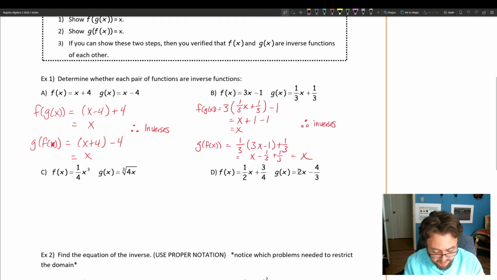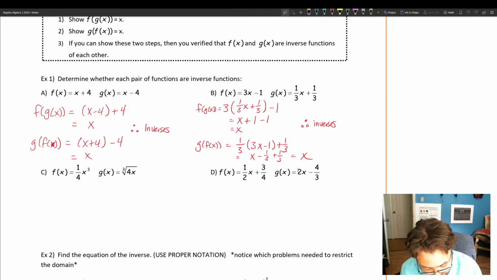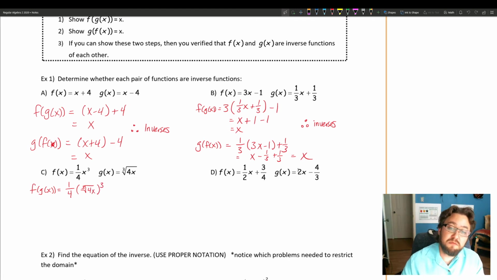Now let's take a look at C. Ooh, this looks like it might be scary. Let's see what happens. f of g of x. So 1/4 of x, which is now the cubic root of 4x, and that's cubed. Well, this looks a lot worse than it really is.